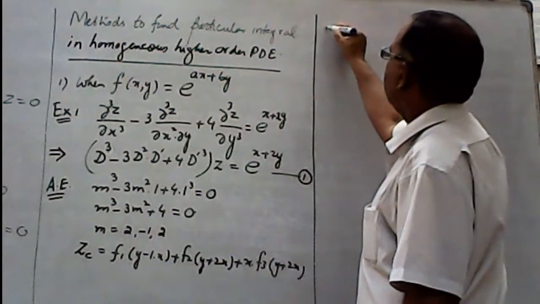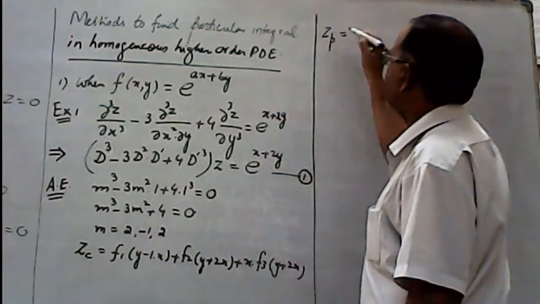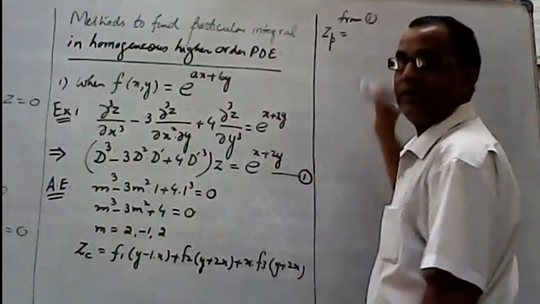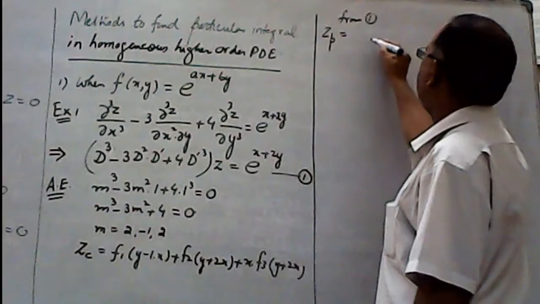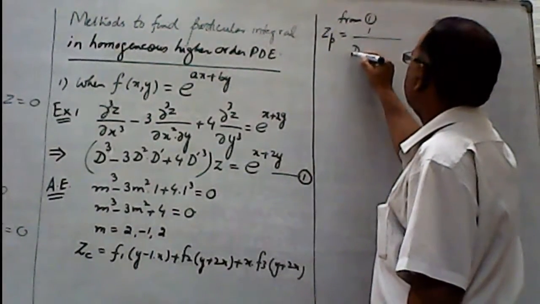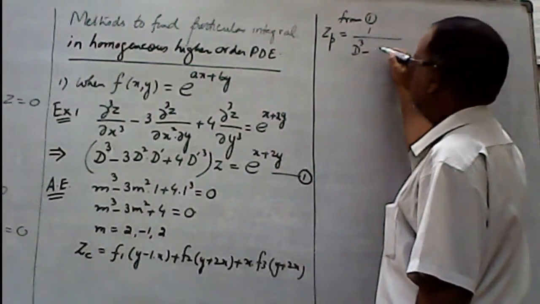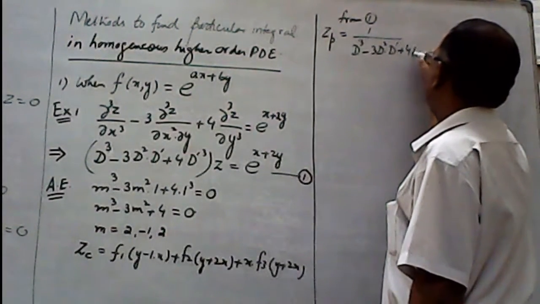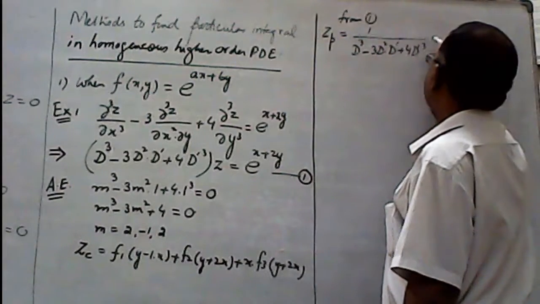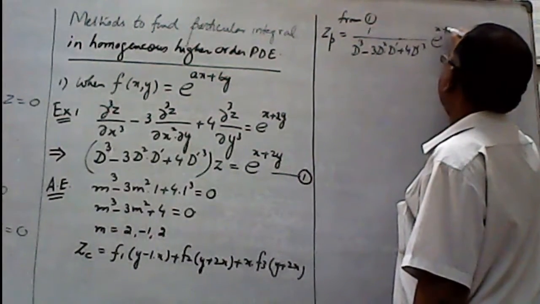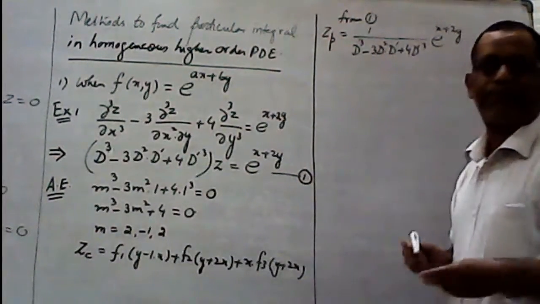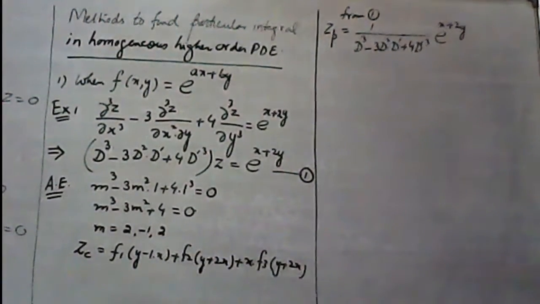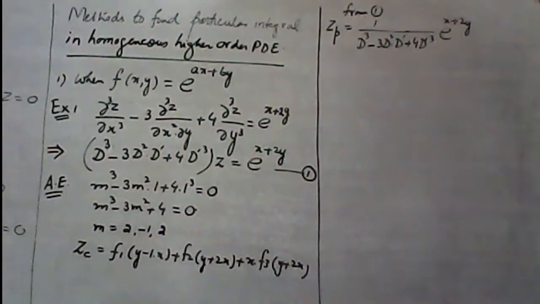So particular integral means Zp will be equal to, from equation 1, Zp equals 1 upon d cube minus 3d square d dash plus 4 d dash cube applying on e power x plus 2y.